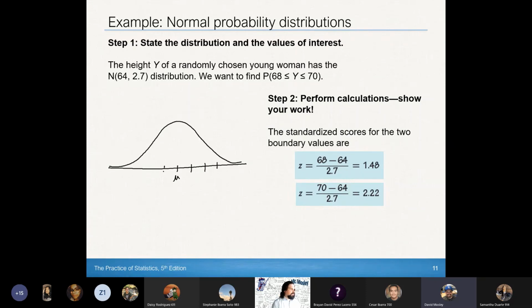All right, so we'll have the mean and 3 standard deviations to the right, 3 to the left. So 1.48, both of these are to the right. We'll say 1.48 is maybe right here, and 2.22 is about right here.